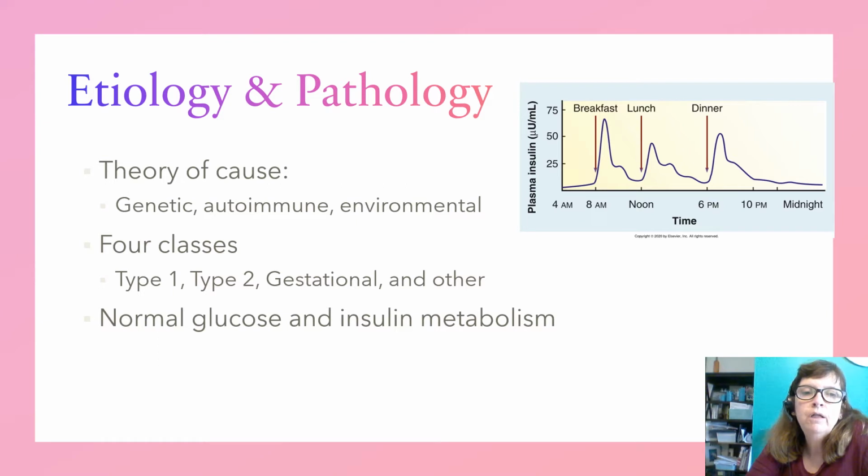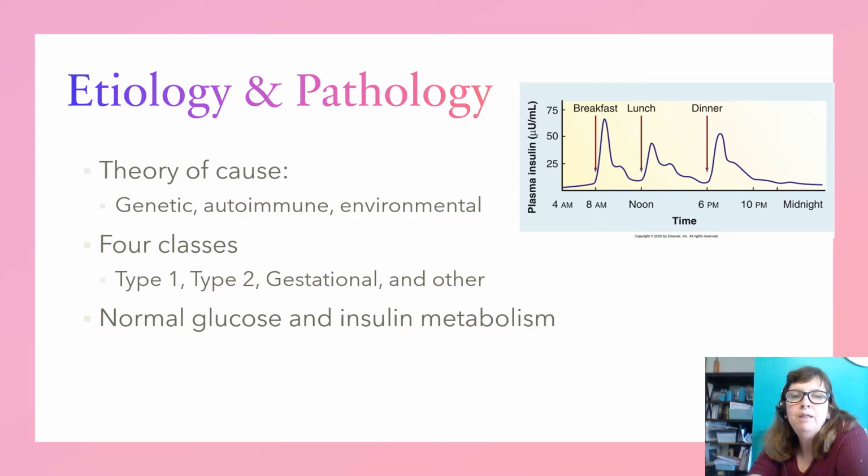The theory or the etiology and pathology, there's a theory of cause. It can be a single or a combination of factors that are genetic, autoimmune, or environmental. It's a disorder of glucose metabolism related to absent or insufficient insulin and/or poor utilization of insulin.